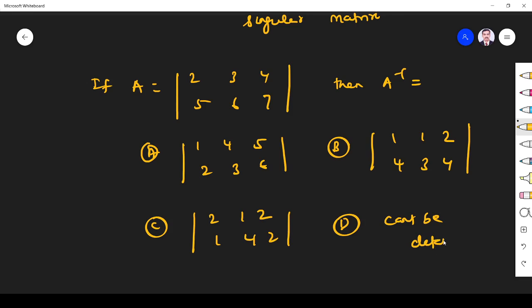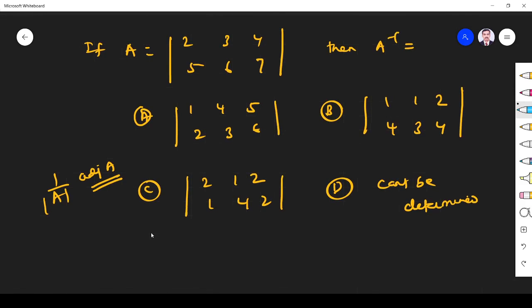So what is the thing we have to do? If we want to find the inverse matrix, we have to find 1 by determinant A, and we have to find the adjoint value. But you see, an inverse matrix cannot be found for a non-square matrix. That is, an inverse matrix can be obtained only for a square matrix. That is the concept we must know.